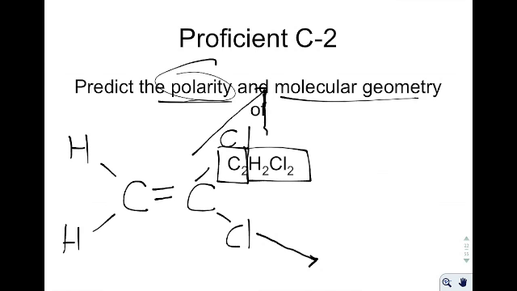In other words, this component is going to cancel this component, but I have a net polarity this way. Now, the hydrogen is not nearly as polar. This is a nonpolar bond, so there's not a net pull in the opposite direction. So this is going to have a partial negative charge over here, and there's going to be a partial positive over here. So this one, the way that I drew it right now, is a polar molecule.